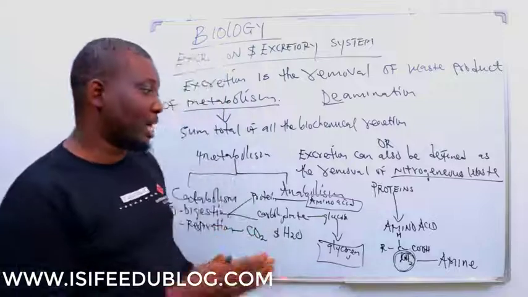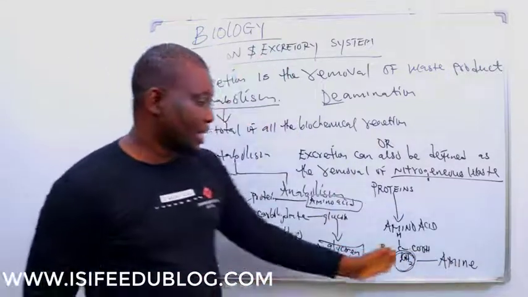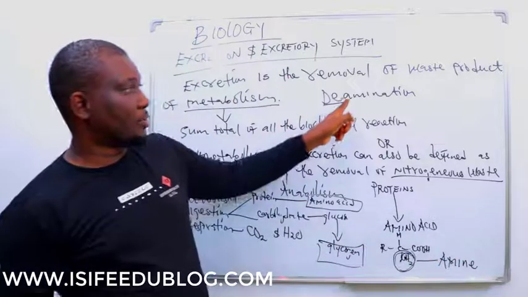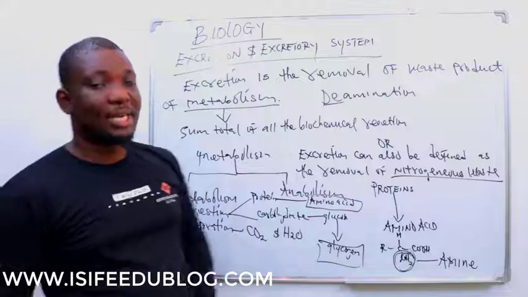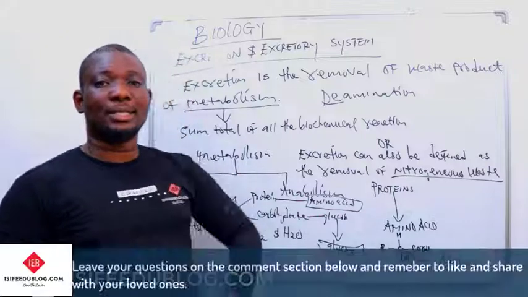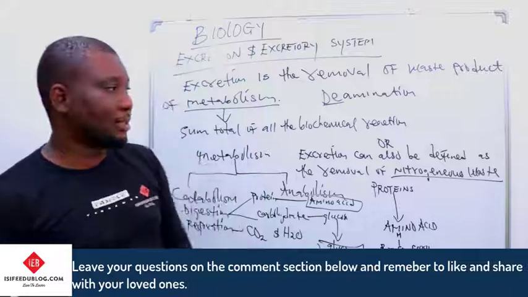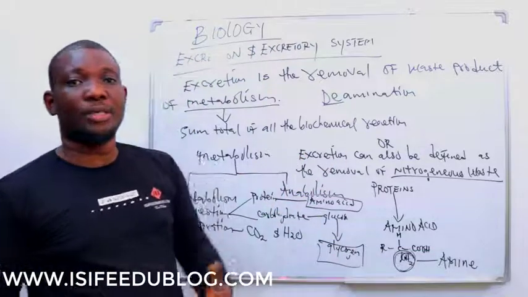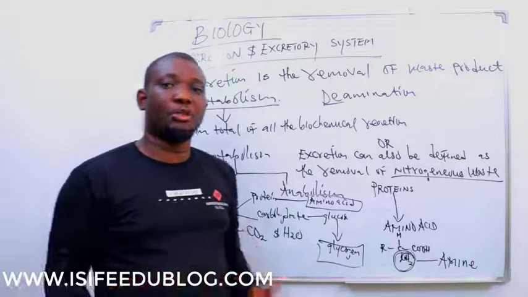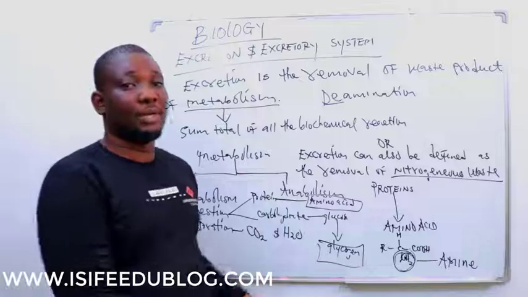So removing this amine is a process called deamination. That's why we refer to the liver as an organ of deamination. Most exam bodies do ask this kind of question: where does deamination take place? Deamination takes place in the liver.